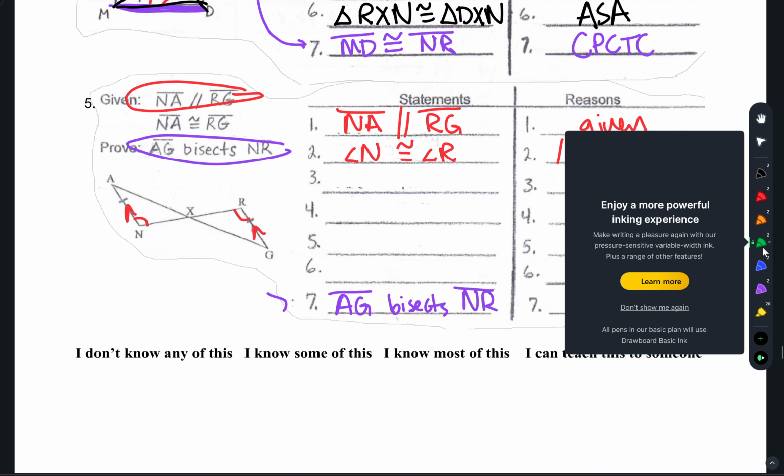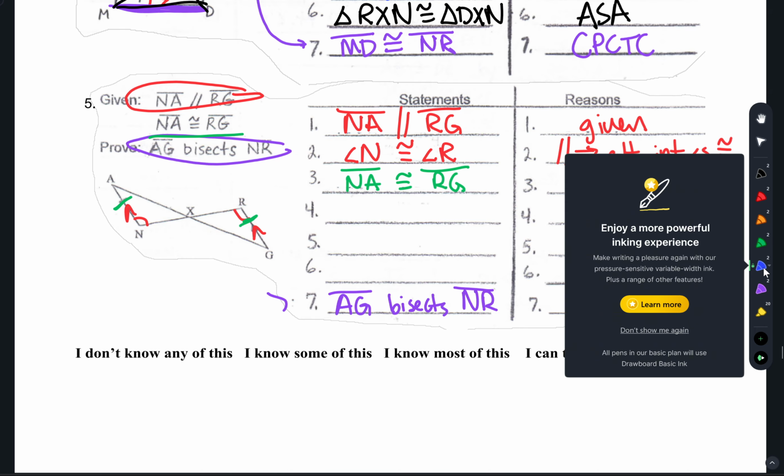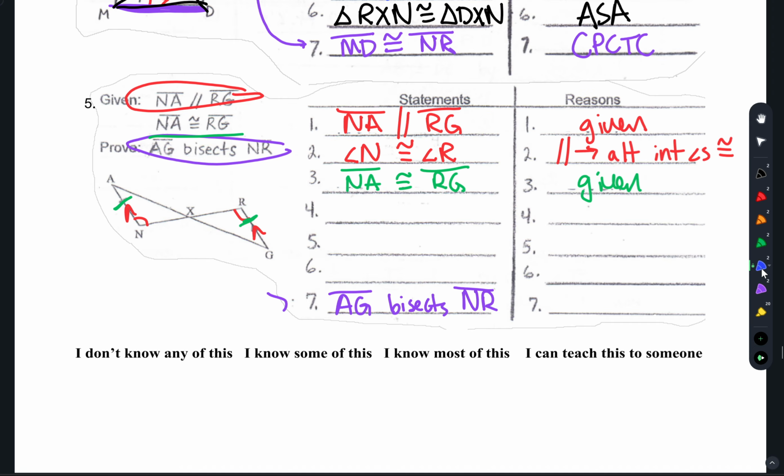Okay, second given. NA congruent to RG. Third reason is what? I need my third thing.